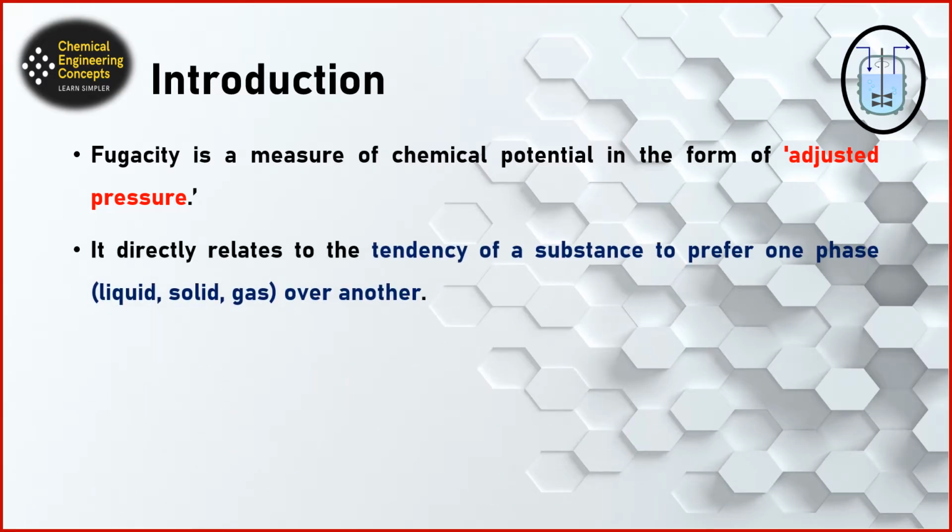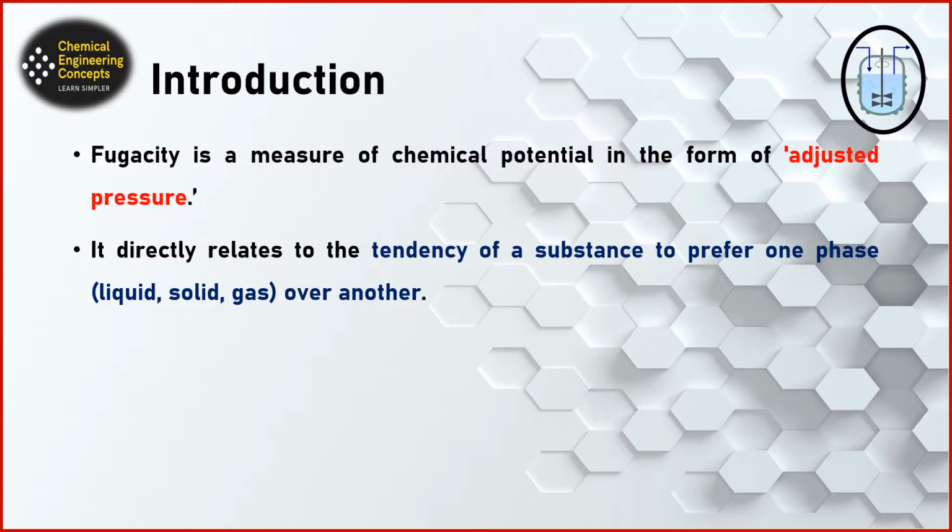So if I talk about fugacity, it directly relates to the tendency of a substance to prefer one phase over another. So guys, you must have seen that at some temperature and pressure, any substance, if I talk about any gas or liquid, or simply a substance, can be there in all the phases.